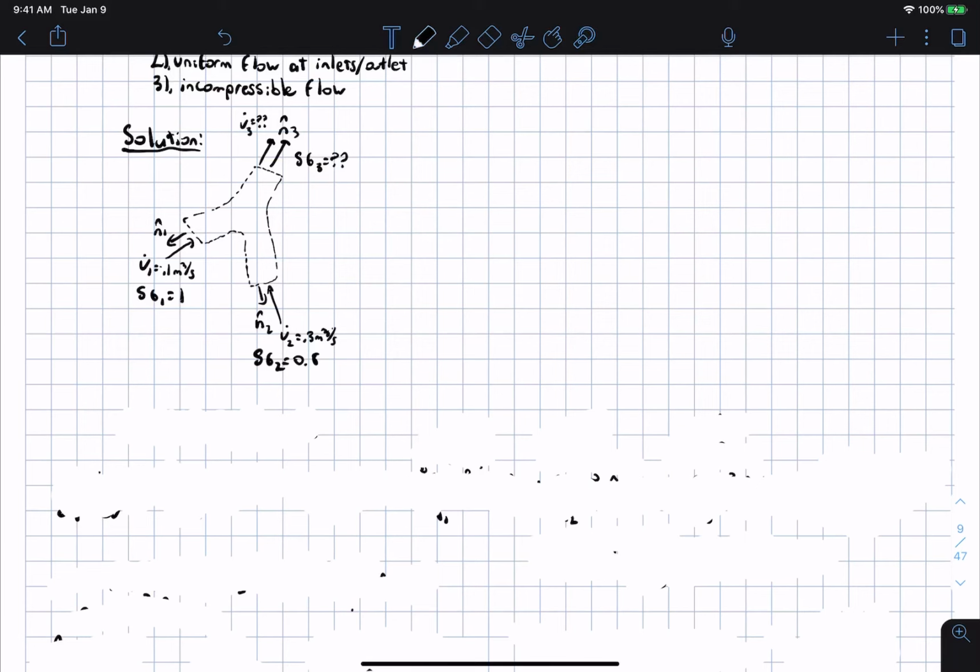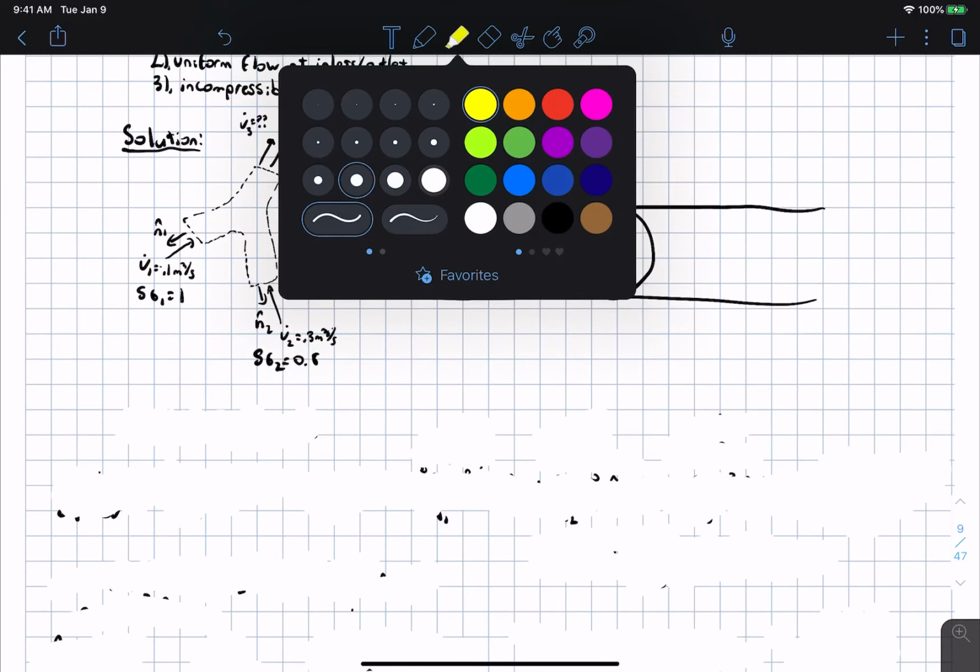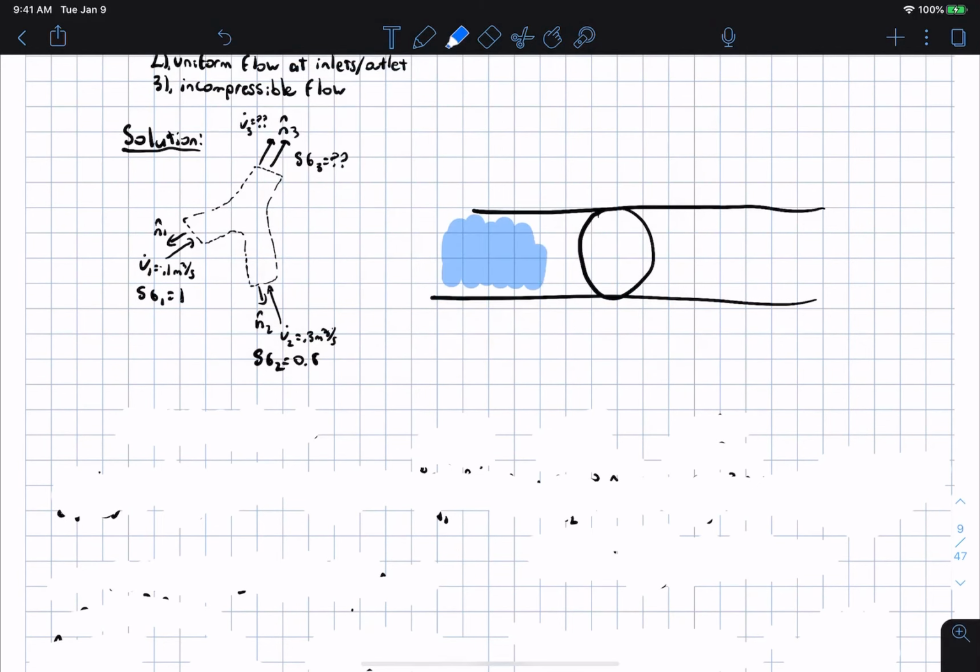One way that you could think about that is imagine you have a tube and there's a bubble in that tube. We have H2O here and air here, and the flow is moving to the right.